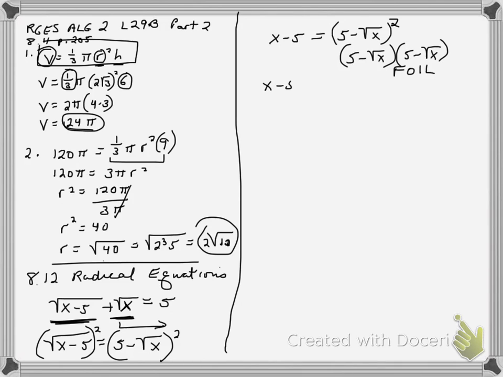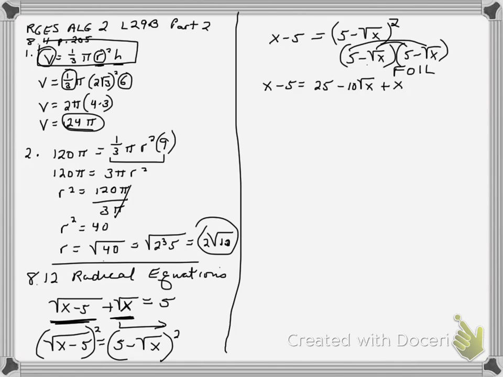So this becomes x minus 5 equals, first terms, 25, outer terms, minus 5 square root of x, inner terms, minus 5 square root of x, so minus 10 square root of x, and my last terms, negative times negative is positive, square root of x times square root of x is x.